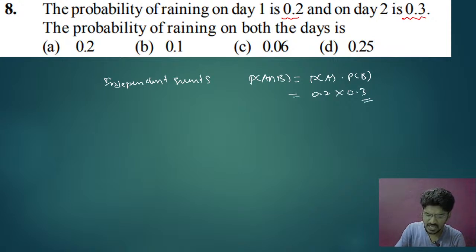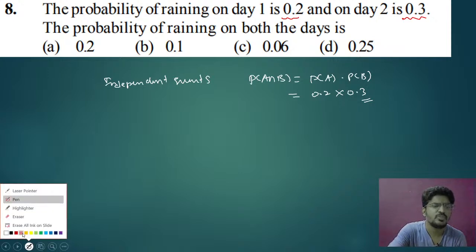Quickly tell me what is the answer. Everything I have written on the board, you just multiply and give me the answer. That's all. So option C will be the correct answer.